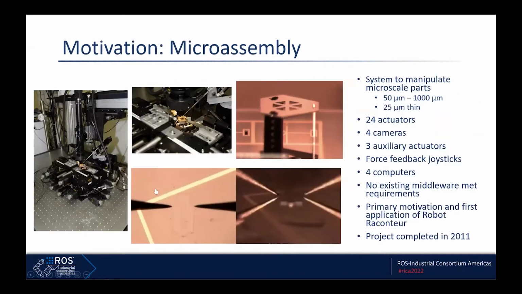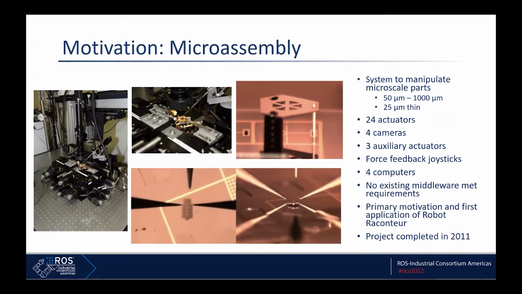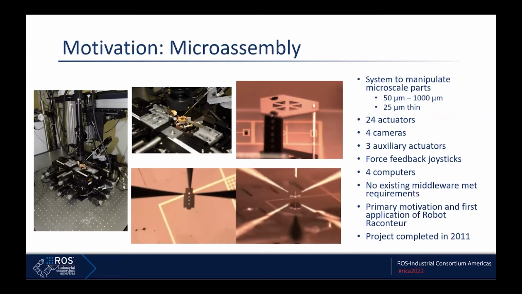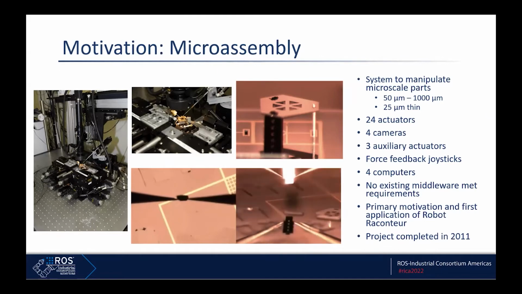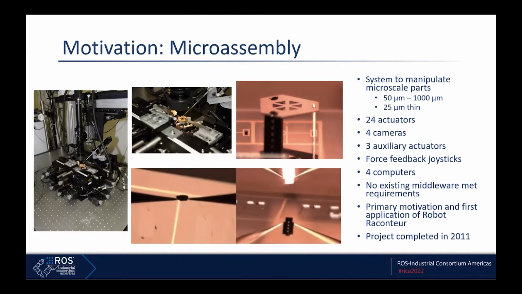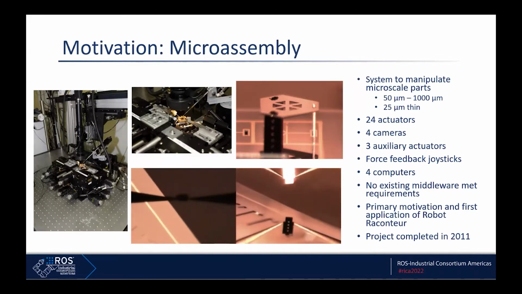The main motivation is actually my PhD project. This is a micromanipulation system to assemble parts on the order of micrometers. The part being manipulated right now is 300 micrometers by 200 micrometers by 25 micrometers, so it's a very small part, just barely visible to the naked eye. We're using probes here to manipulate the part and assemble it.